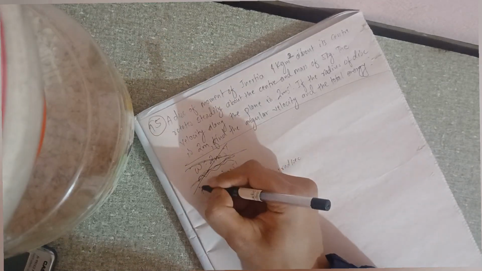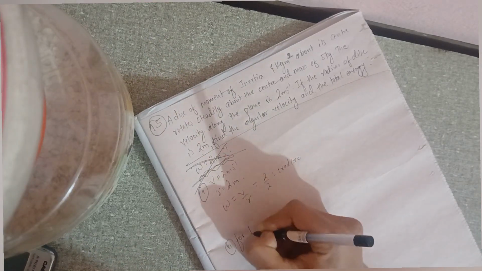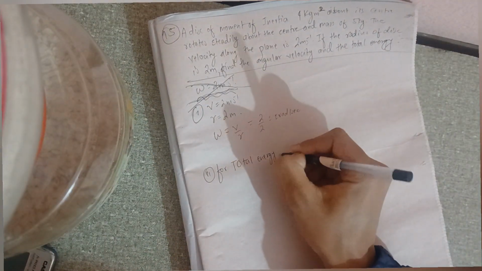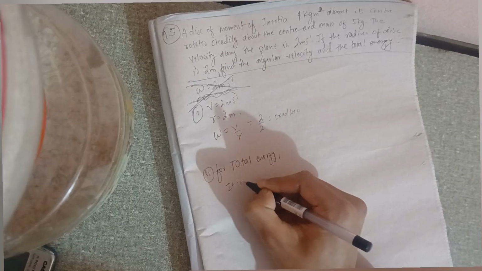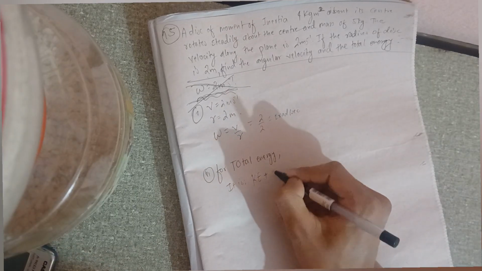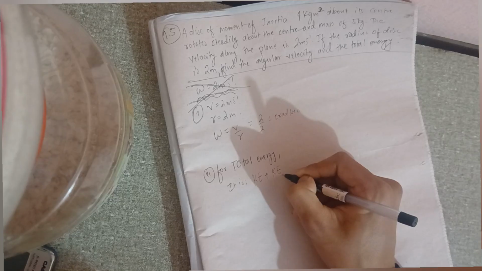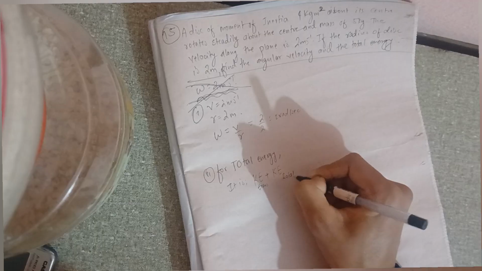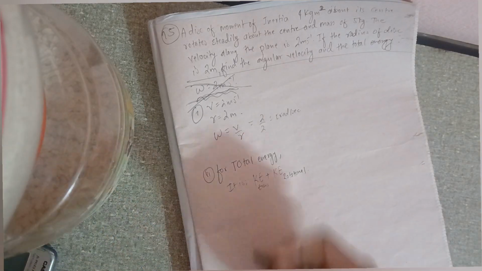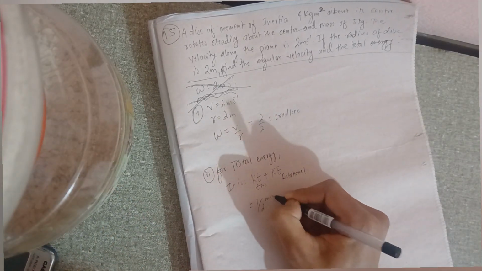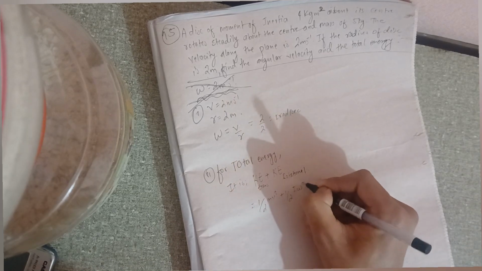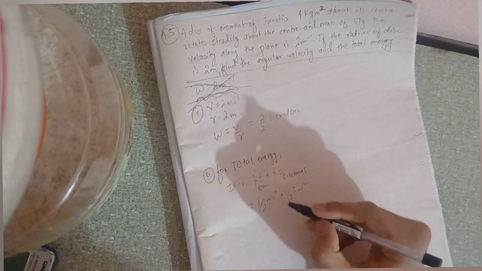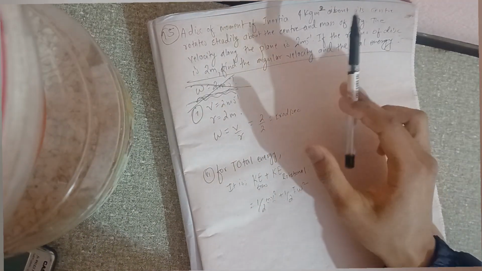Now for the total energy, it is KE translational plus KE rotational. So this will be 1 by 2 m v squared plus 1 by 2 I omega squared.